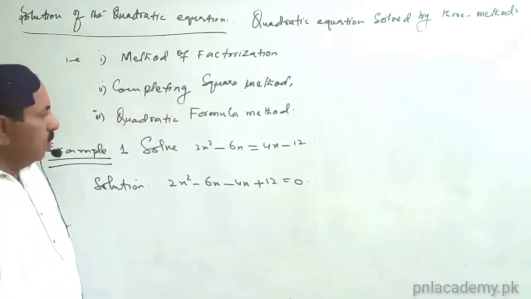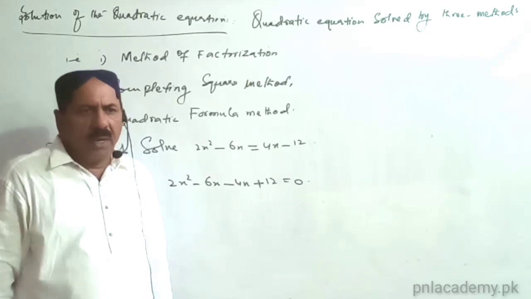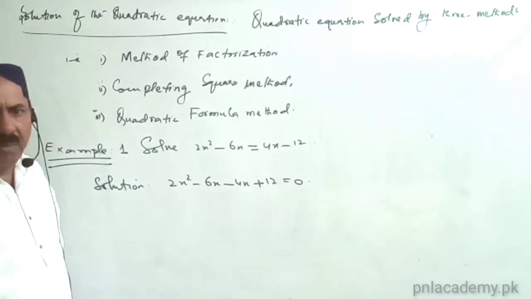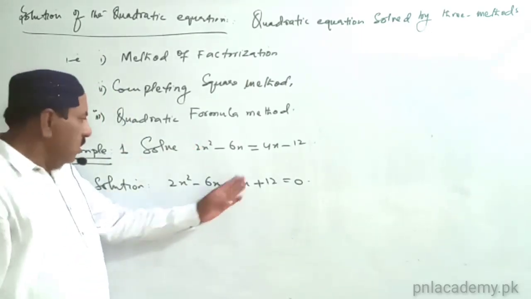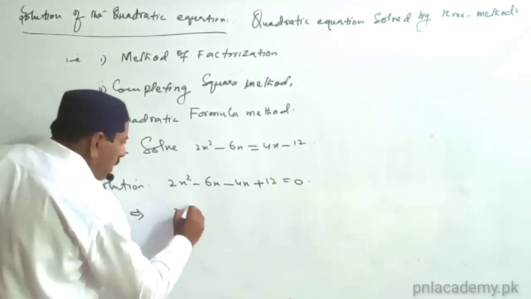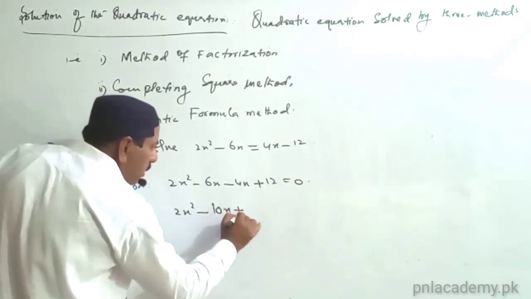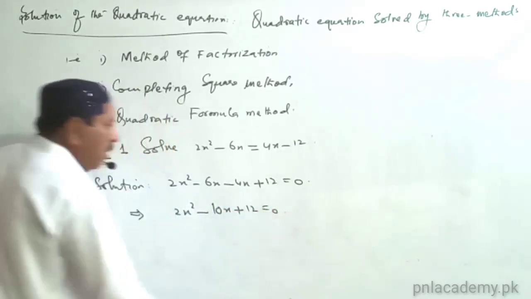So you already know that when any term on one side is negative, when we shift it to the other side, it will be converted into the positive sign. So therefore, this will be 2x square minus 6x minus 4x, minus 10x plus 12 is equal to 0.